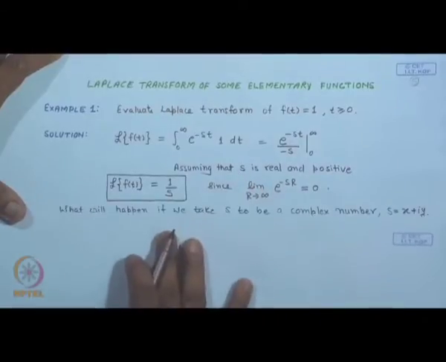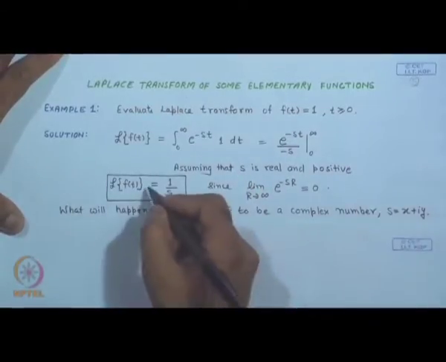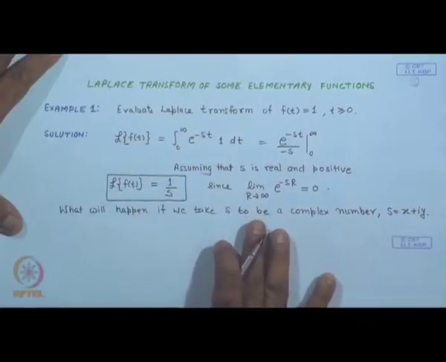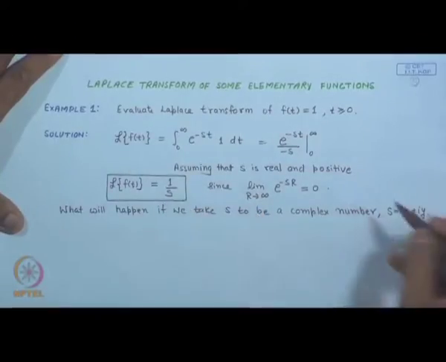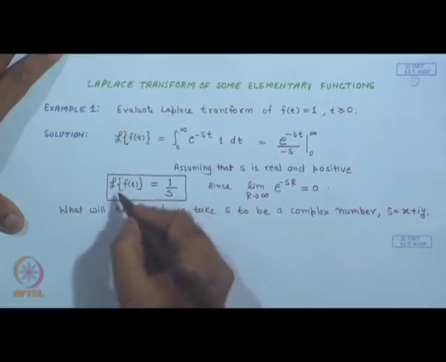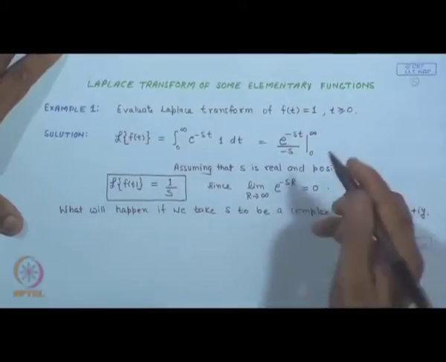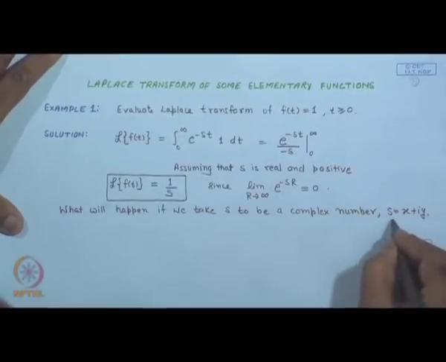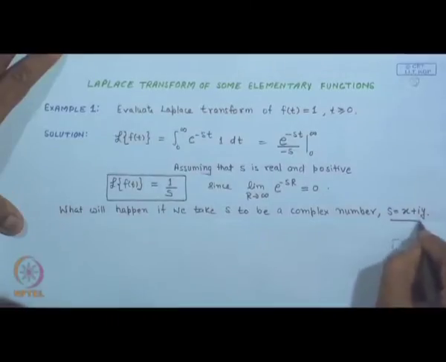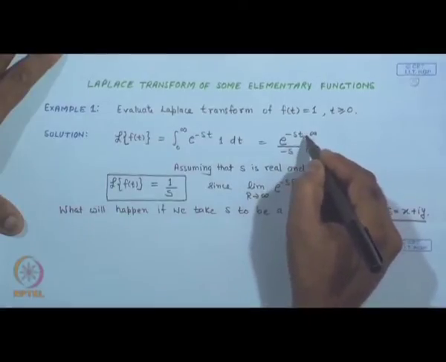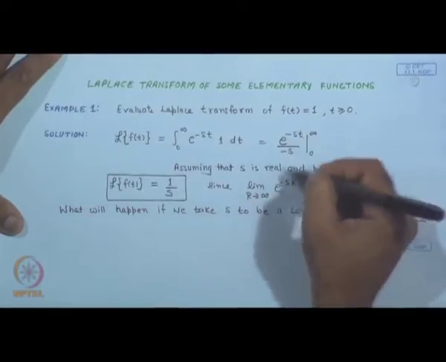What will happen if we take s to be a complex number? That means the s we take is equal to x plus iy, and in this case as well, when we take s to be a complex number, the Laplace transform of f(t) will be 1 over s, and the reason is that the upper limit, when t approaches infinity, will again be 0.